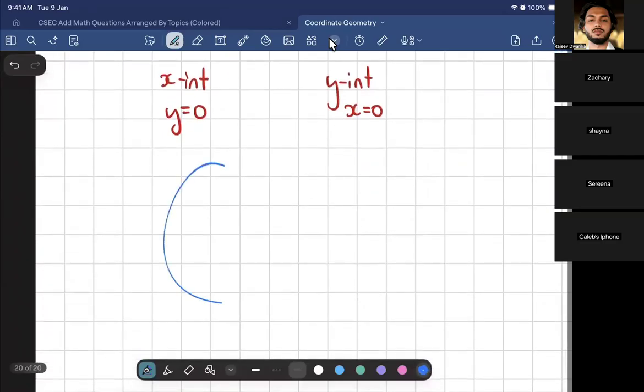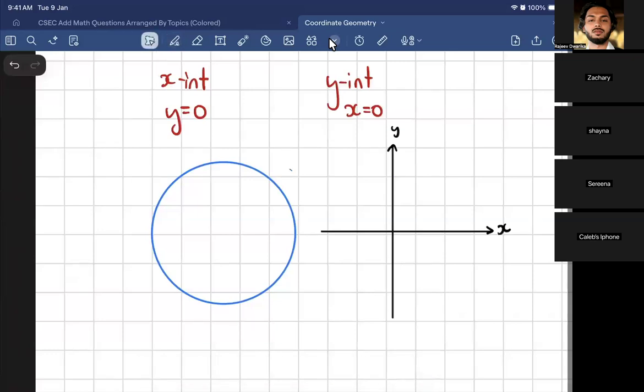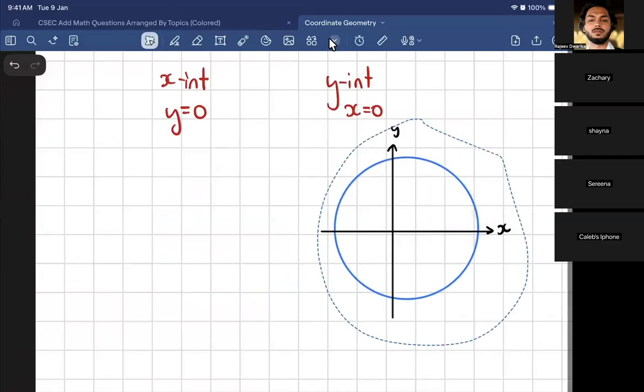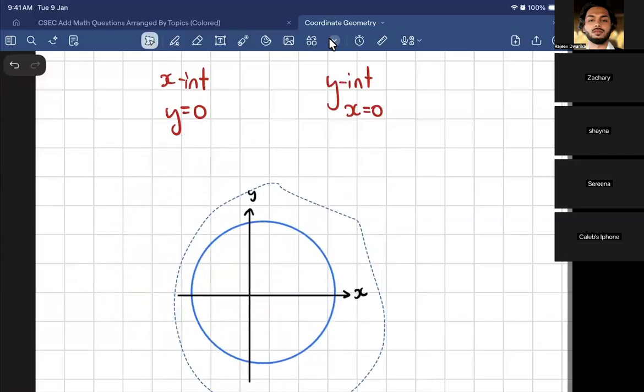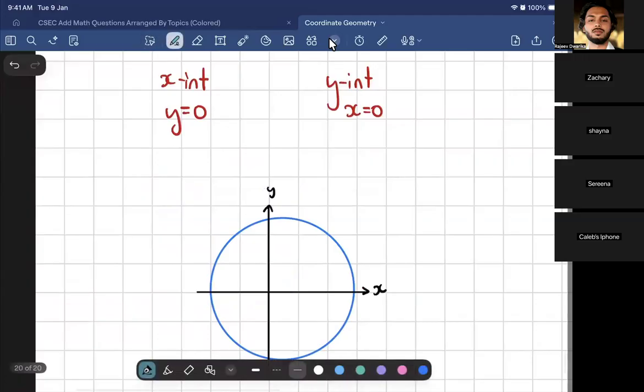If you're dealing with a circle, so let me just say we have the y-axis here, and we have the x-axis here. So guys, if you have a circle, what is the most amount of times it would cut the x-axis? Twice.